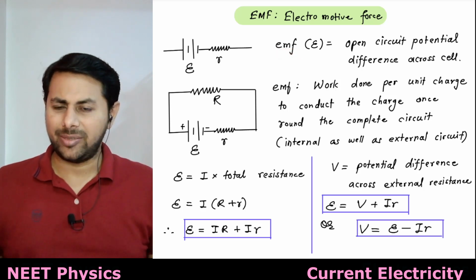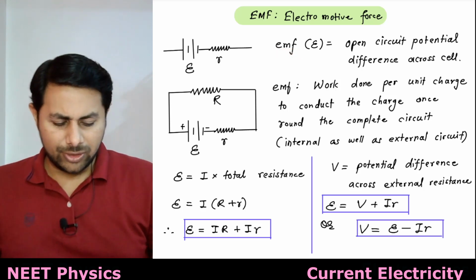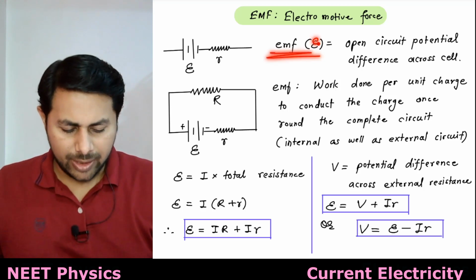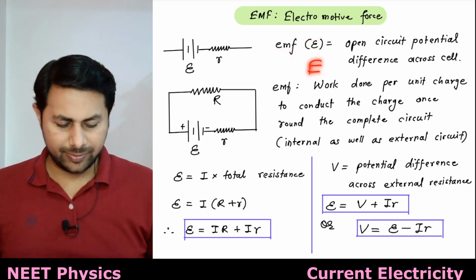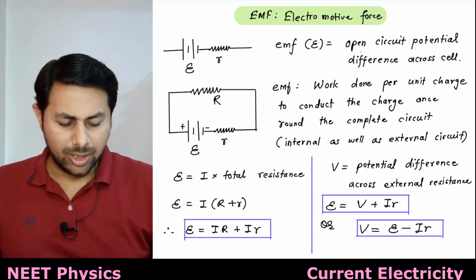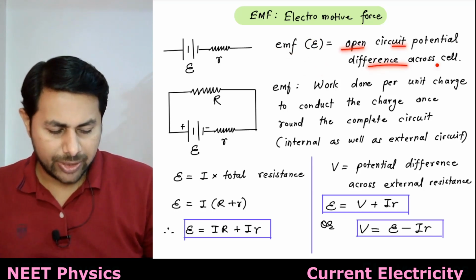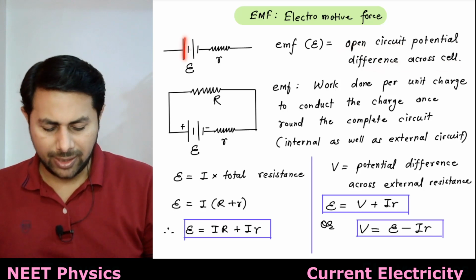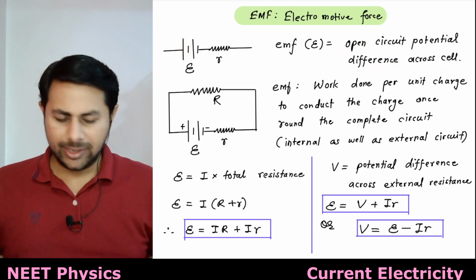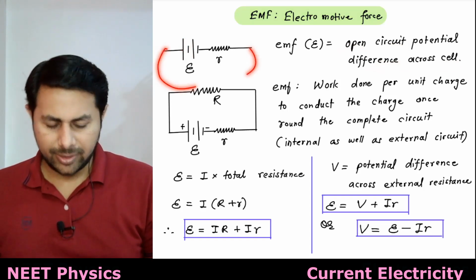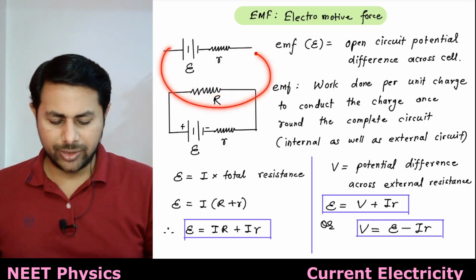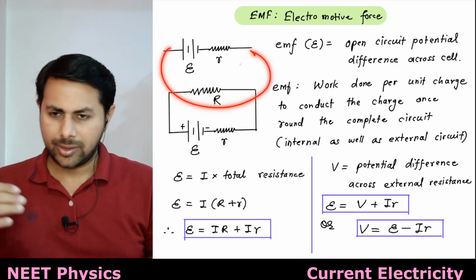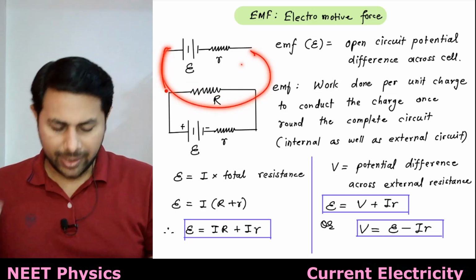Voltage means potential difference. Okay, so now what is EMF? EMF will be denoted by this letter epsilon, or we will denote it by E, right? It is the open circuit potential difference across the cell. So we have this cell and it's open circuit, meaning its two terminals, negative and positive, are not connected to each other by a wire.